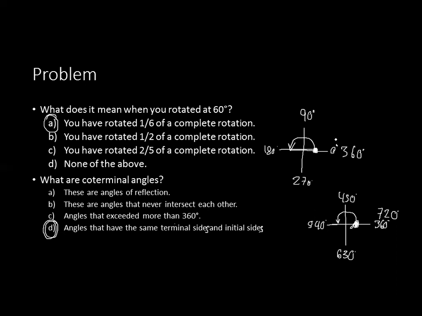As you can see, on this rotation you start at the positive x-axis, which is the same as this one, and it ends at the same location as where the second rotation stops. So 180 and 540 are coterminal angles because they start at the same position and end at the same position.